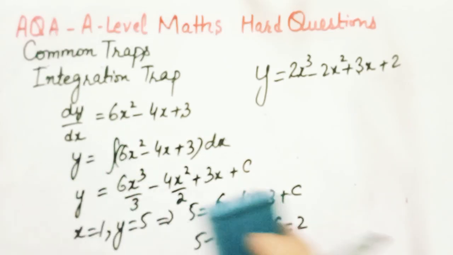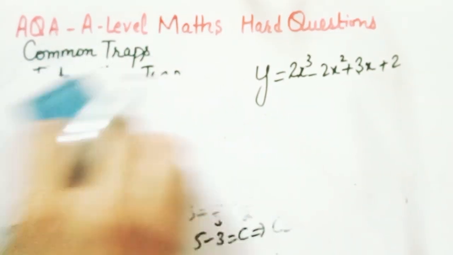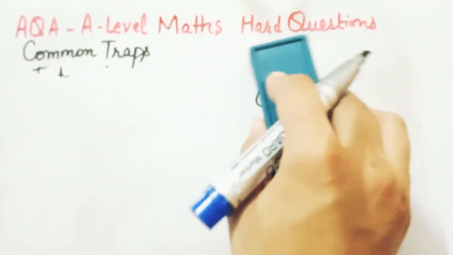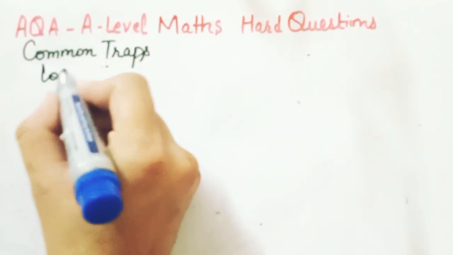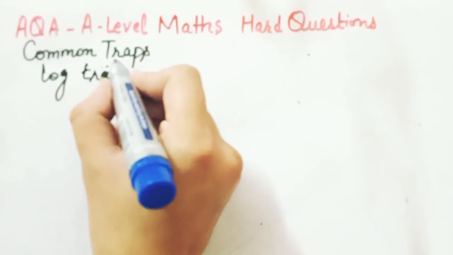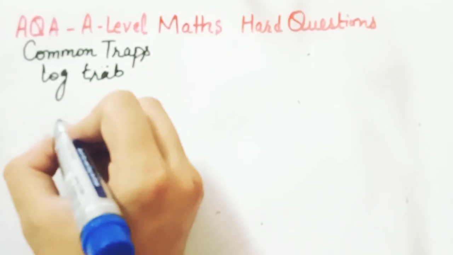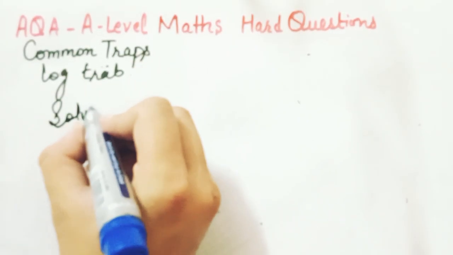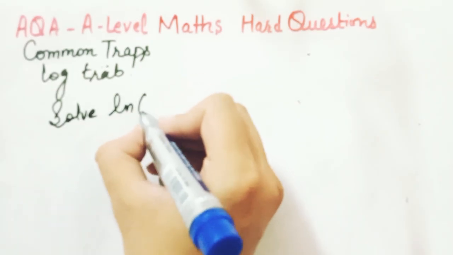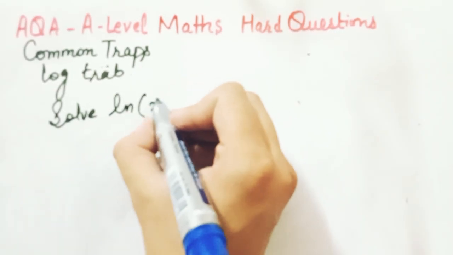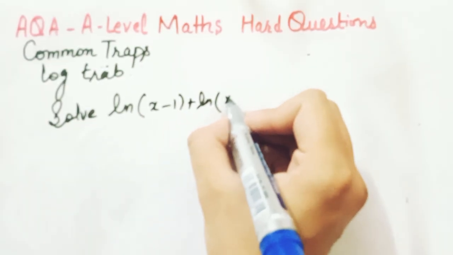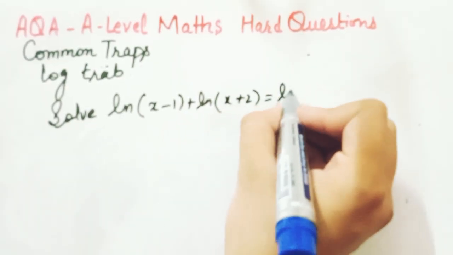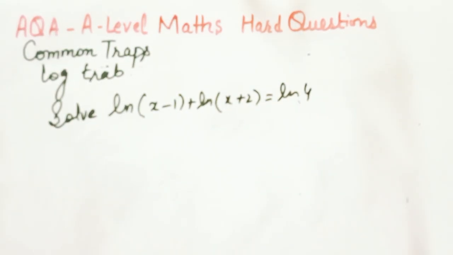Now we will look at the logarithm trap problem. The question is: solve ln of x minus 1 plus ln of x plus 2 equals ln 4. How will we solve this?